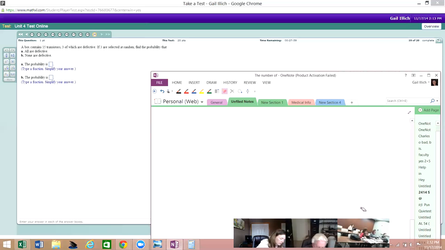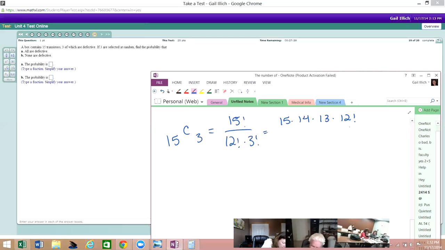So we're going to do 15 choose 3. That's 15 factorial over 12 factorial times 3 factorial. So 15 times 14 times 13 times 12 factorial by 12 factorial times 3 times 2 times 1.